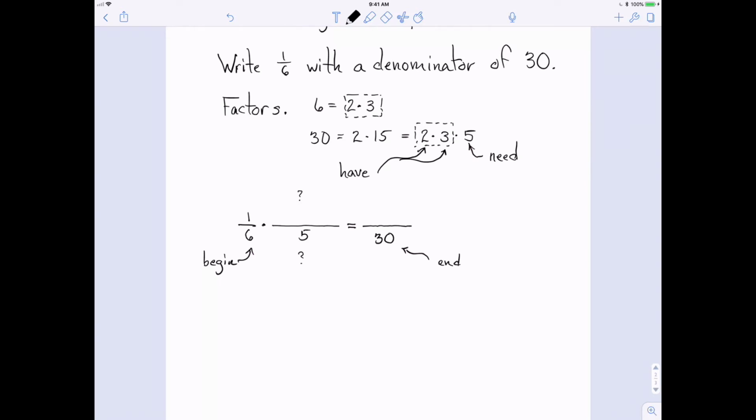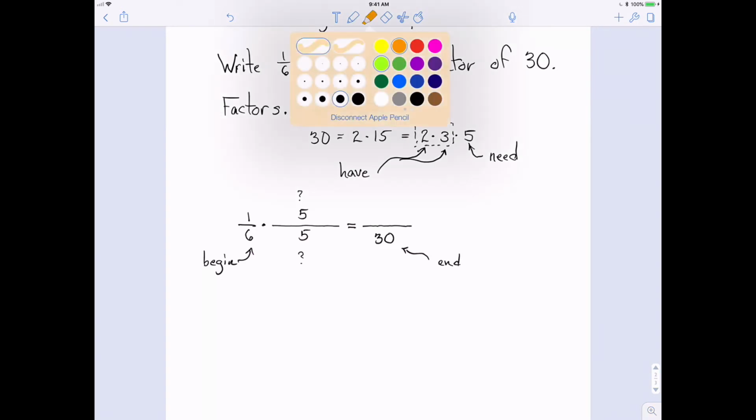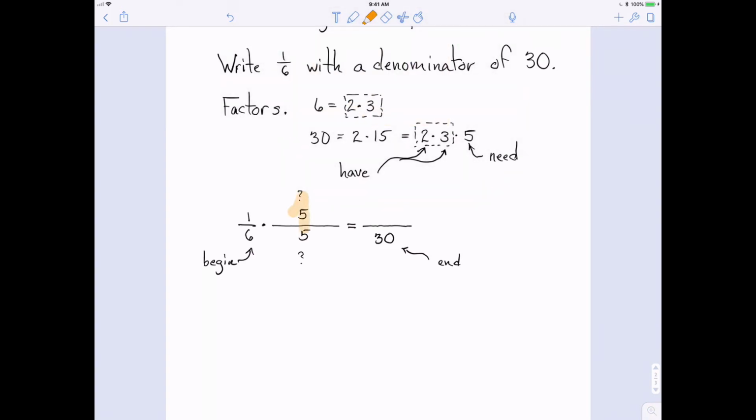But wait a minute, I need something in the numerator. What do I need? I need the same thing, because recall that 5/5 is just another way to write the number 1. So what we're going to do now is change the appearance of 1/6, but not change its value. Now I multiply it, 1 times 5, and I get 5. 6 times 5, and I get 30.